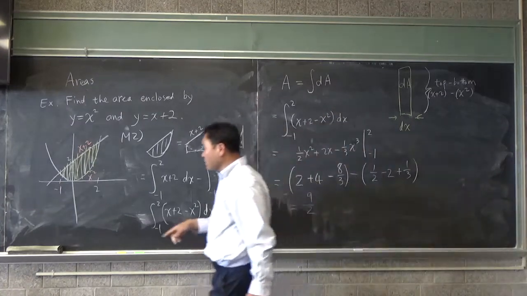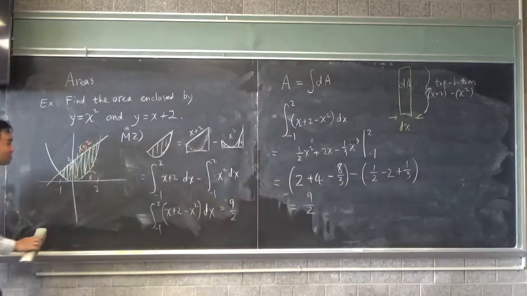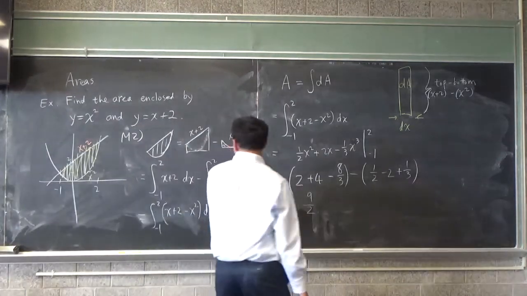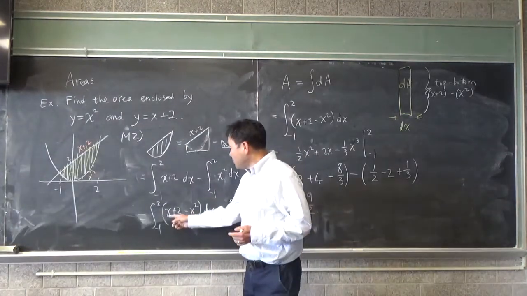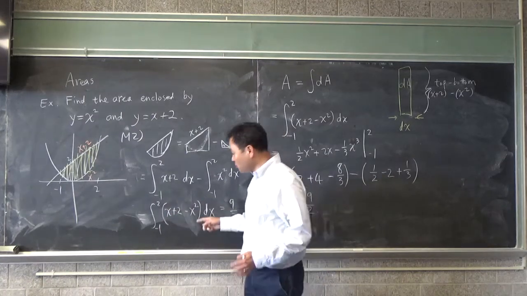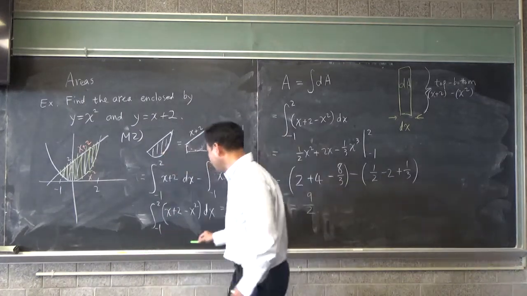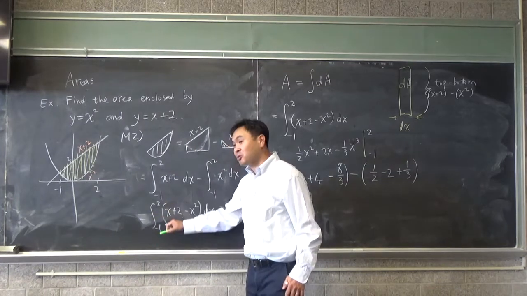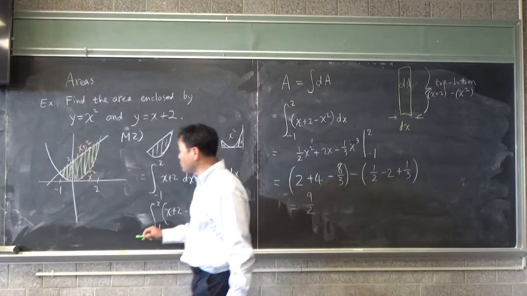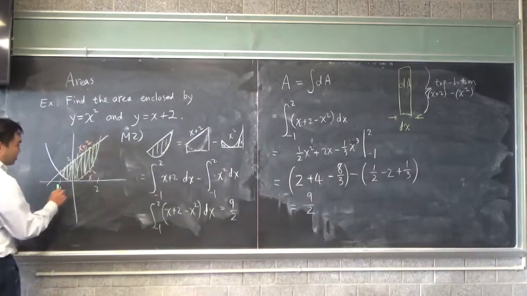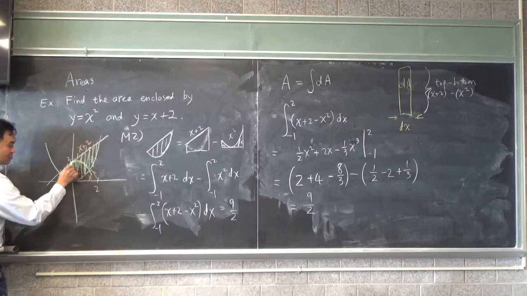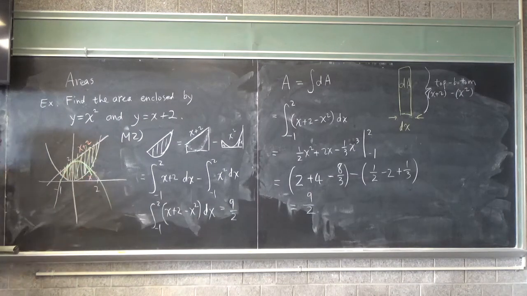Now, let me just point out one more thing. This is also a graph, right? And if we use the fact that the definite integral gives you the area under the graph and draw this and see what happens, you'll see that it's hard to see, but it's a parabola that's like this.